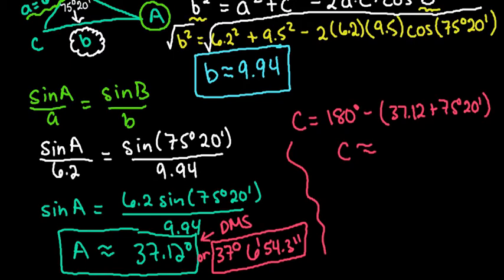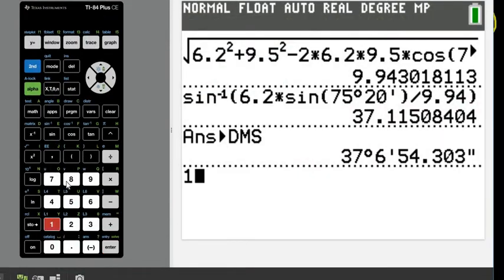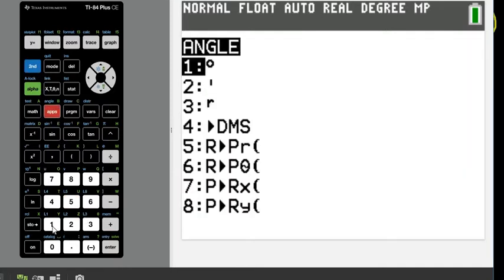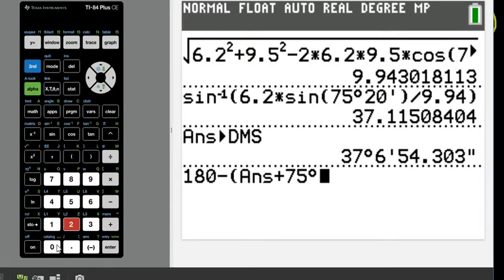All right, so let's do the same thing with this one. We would do the 180 minus the sum of, we could do the answer so that we don't have to put it back in, plus 75 degrees and 20 minutes.